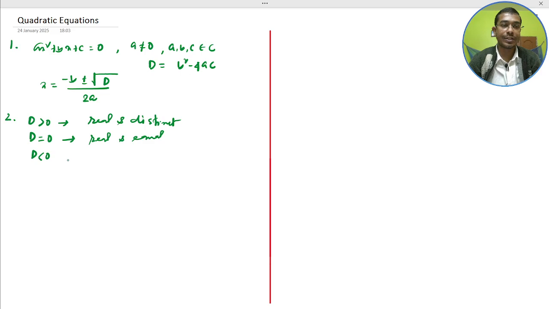And for D less than 0, this gives complex roots.